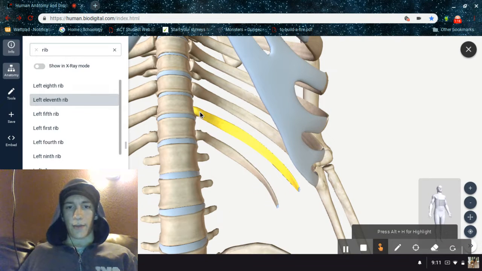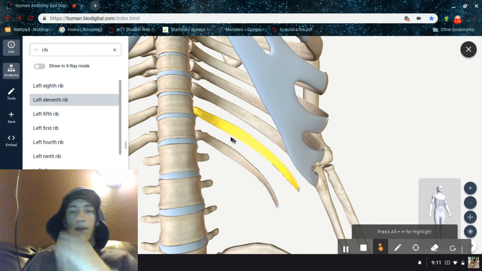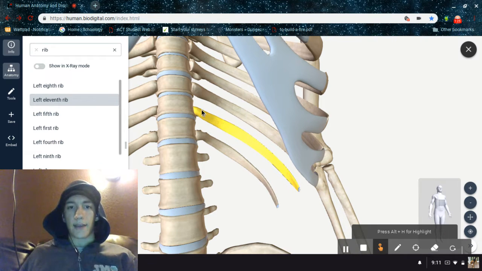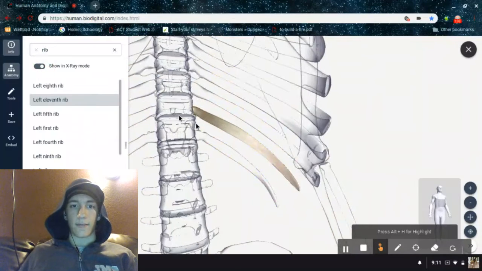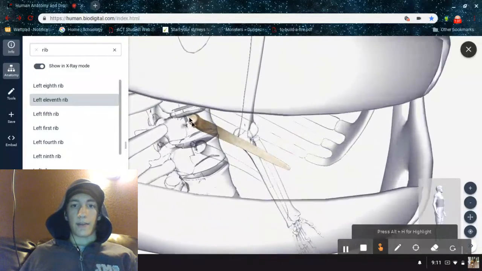This is the head of the rib. This is the tubercle where it connects to muscle that helps it move in and out. This is the neck between that and that. And going into X-ray mode, this is the articular facet, this flat spot where it articulates with the spine. So yeah.